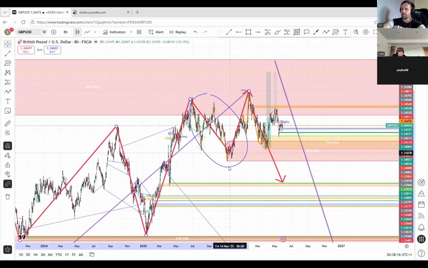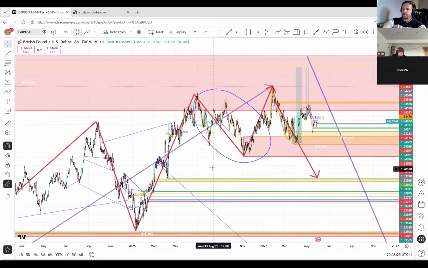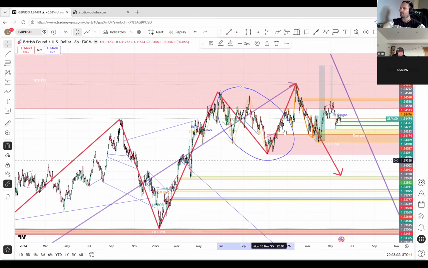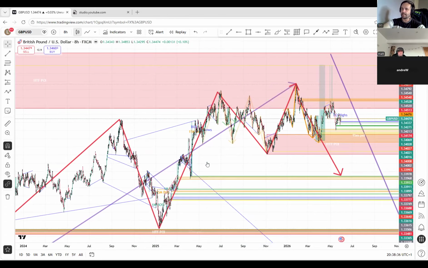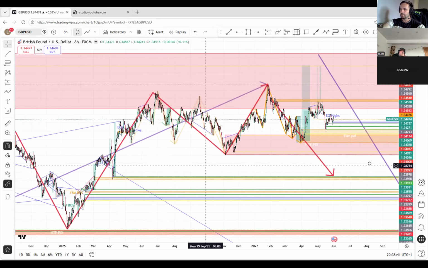So it's always a risk. I'm just trying to word this right. There are ways we could try to eliminate that becoming a danger to us, and that would be if we see some liquidity.